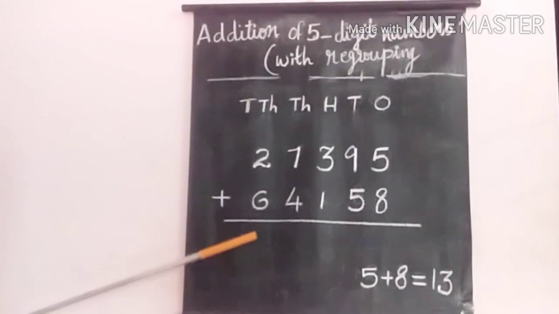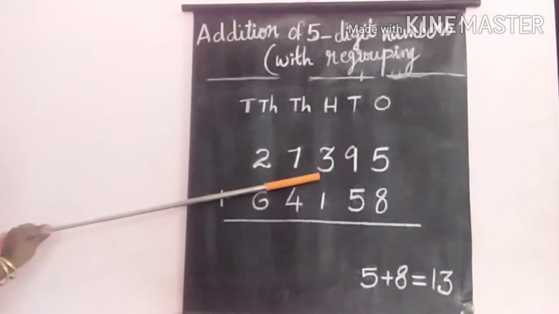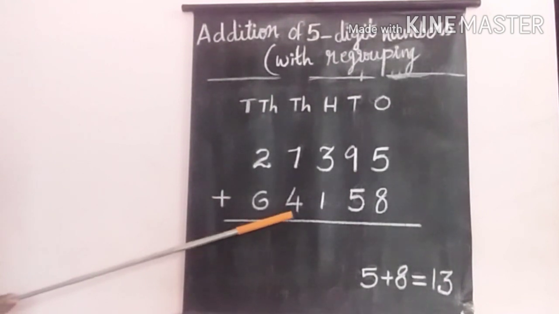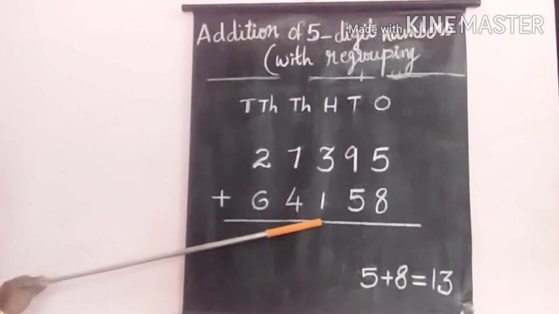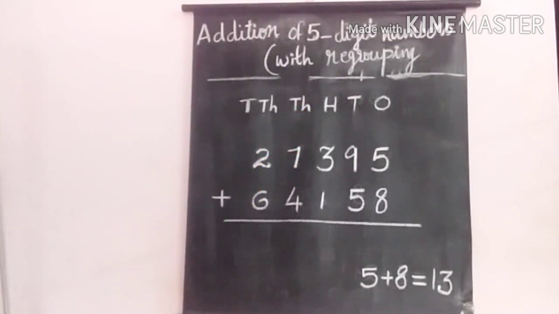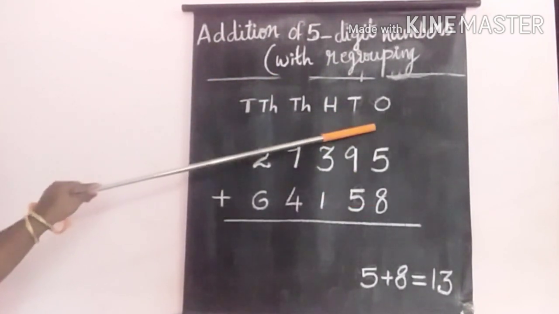One more example. 27,395 plus 64,158. See here, first we can add ones place digits. Which are they? Yes, these are the ones place digits.